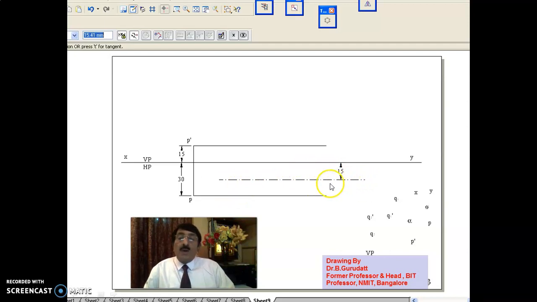Now it is clear that end Q has moved nearer to VP. If it were, let us say, 60 mm, then end Q would be towards the observer. But it is not like that. Compared to P, this Q is away, that means Q is towards VP. Had this been, let us say, 70 mm, I would have written 70 mm here, and then Q would have been nearer to the observer.